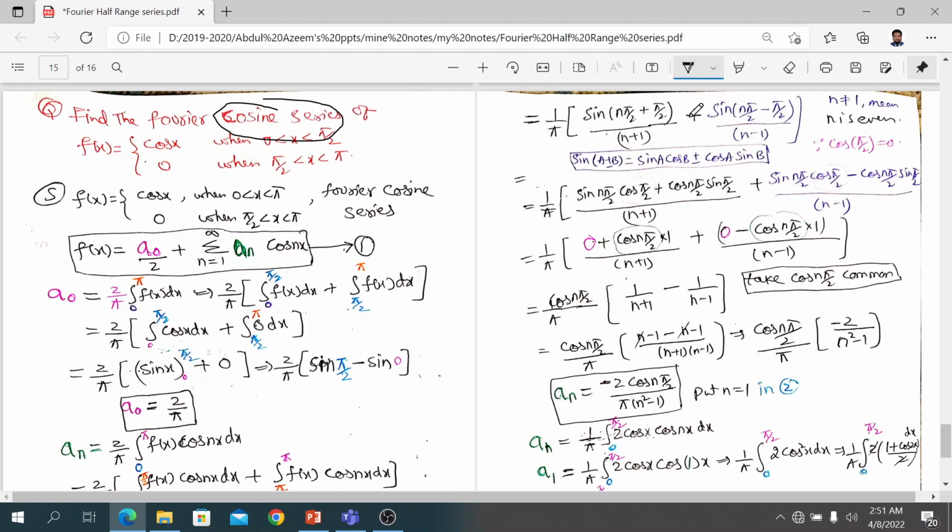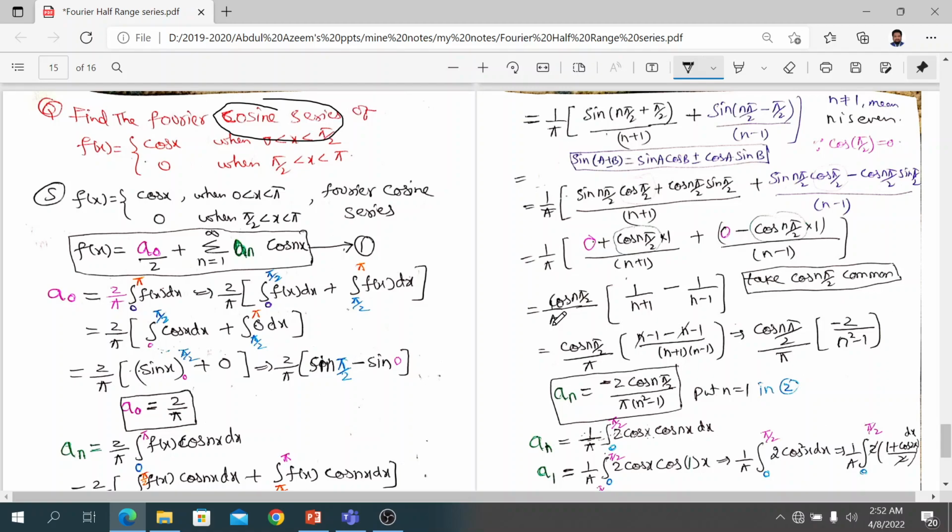So 1 by pi, applying this formula: sin n pi by 2 cos pi by 2 plus cos n pi by 2 sin pi by 2, by n plus 1, plus sin a cos b minus cos a sin b by n minus 1. Here cos pi by 2 is 0, so something into 0 is 0, leaving cos n pi by 2 sin pi by 2 by n plus 1, and minus cos n pi by 2 sin pi by 2 by n minus 1.